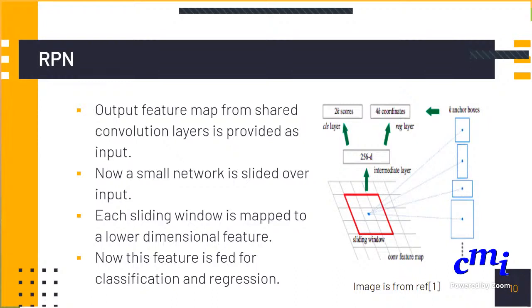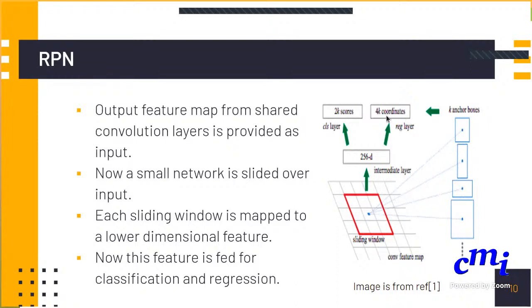One of the main issues in the earlier networks was that as the image gets passed from one convolution layer to another, the size and the shape of the object that has to be detected keeps changing. Okay, so to make it translation invariant, every sliding window is made up of different kinds of anchor boxes. Each is made for different sizes and different aspect ratios.